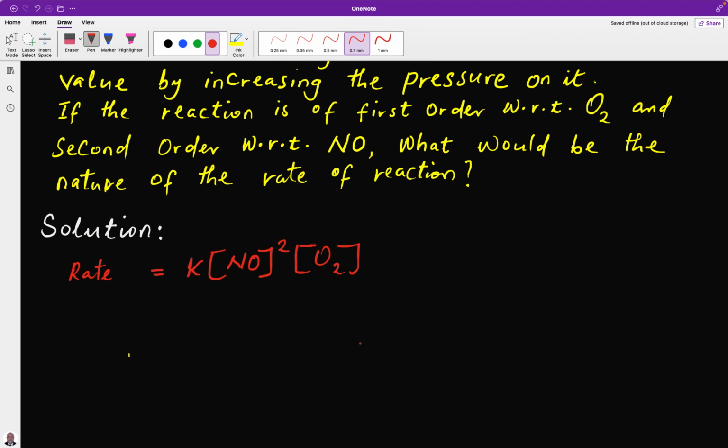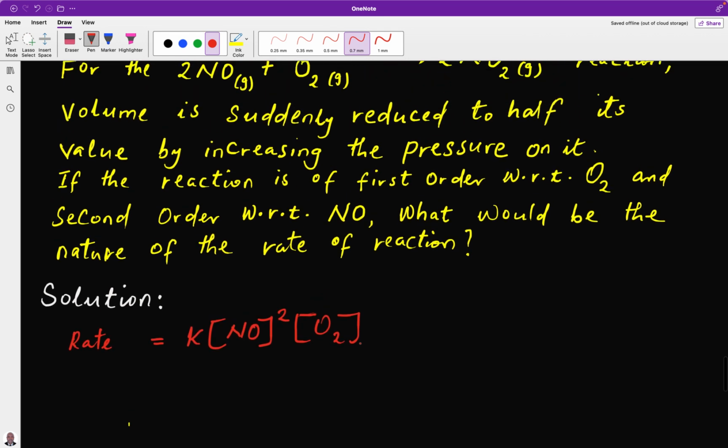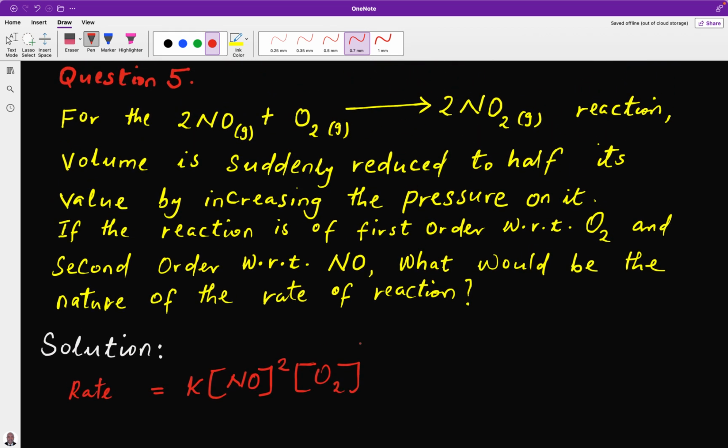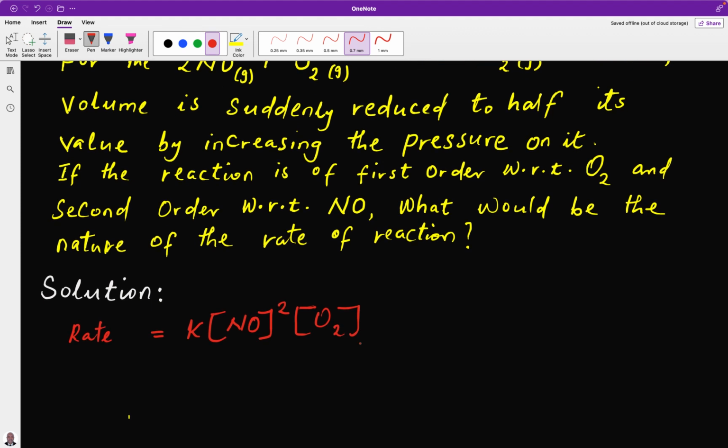What should come to your brain now? Step number 2, what should come to your brain now? This is a gaseous reaction. This is a reaction involving only gases. And being a gaseous reaction, concentration and volume are very, very important.